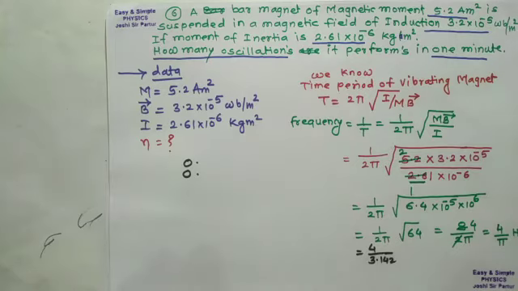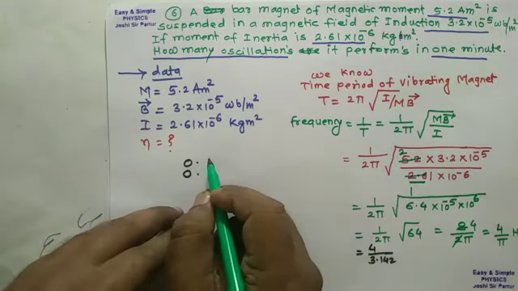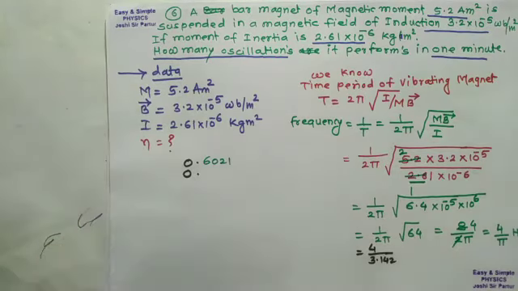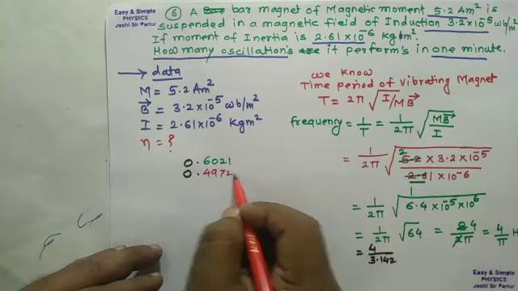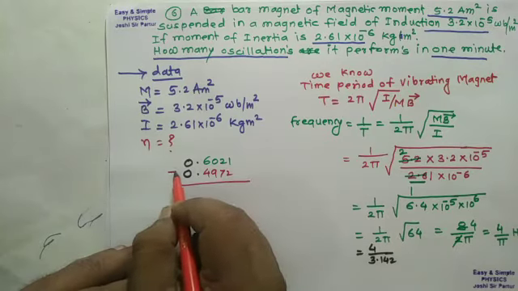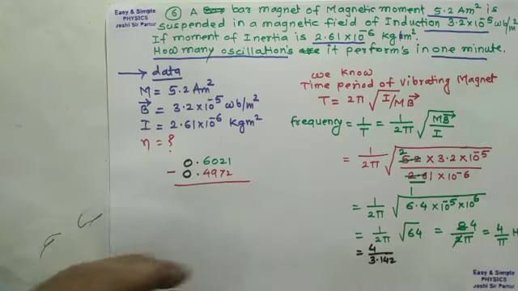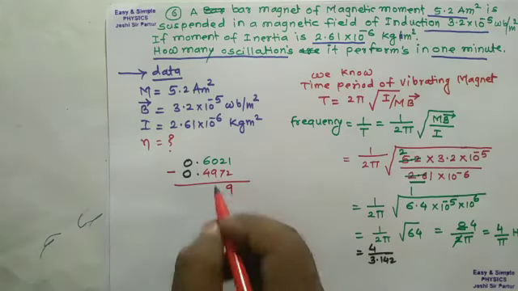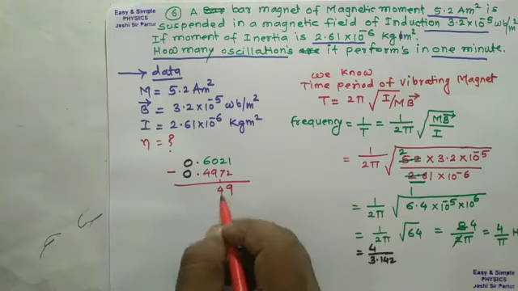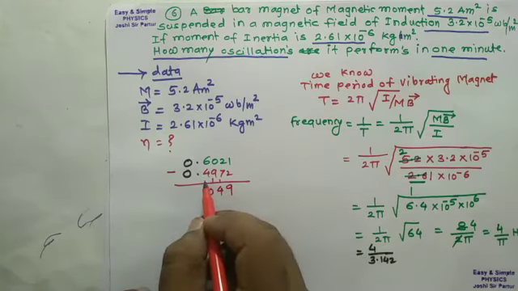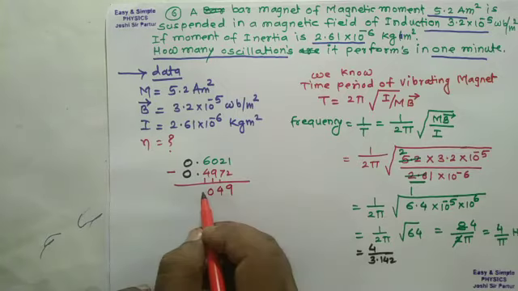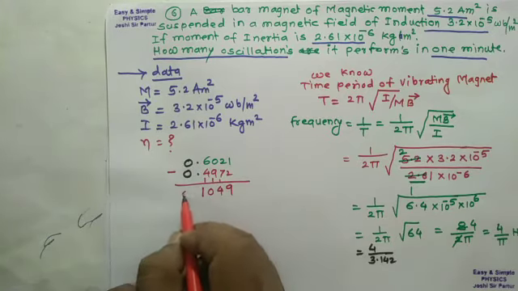Log of 4 will be 0.6021, and log of 3.142 will be 0.4972. Subtraction is there. From 11, 2 is subtracted, 9 is remaining. From 12, 8 is subtracted, 4 is remaining. From 10, 10 is subtracted, 0 is remaining. From 6, 5 is subtracted, 1 is remaining.